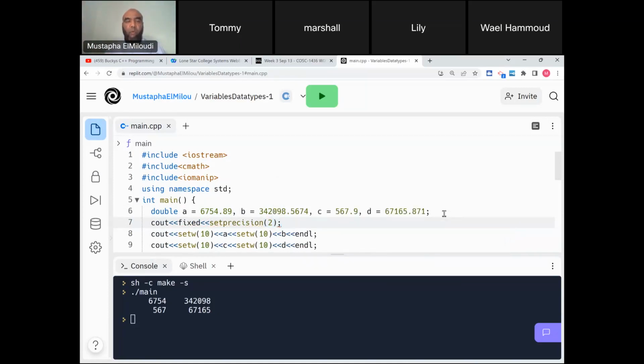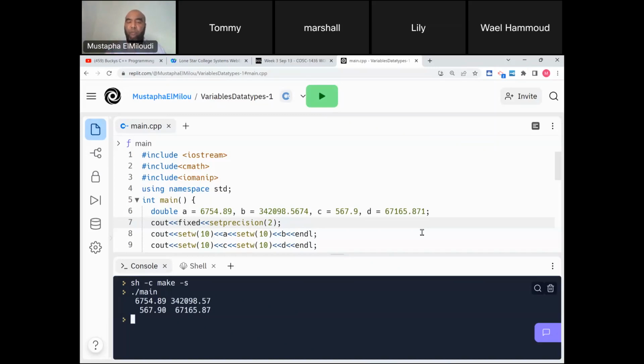So this will make sure that the bottom one, setw, will allocate the spaces for me, and the one on top, the fixed and setprecision, will format the number itself, so that I'm not going to go beyond 2 decimal points. If I run the program, you're going to see that now everything is aligned. Can you see that the first one has 2, it doesn't matter how many decimals you have, but you set the precision to 2. So they're not going to go beyond 2. That means, of course, they're going to be rounded.